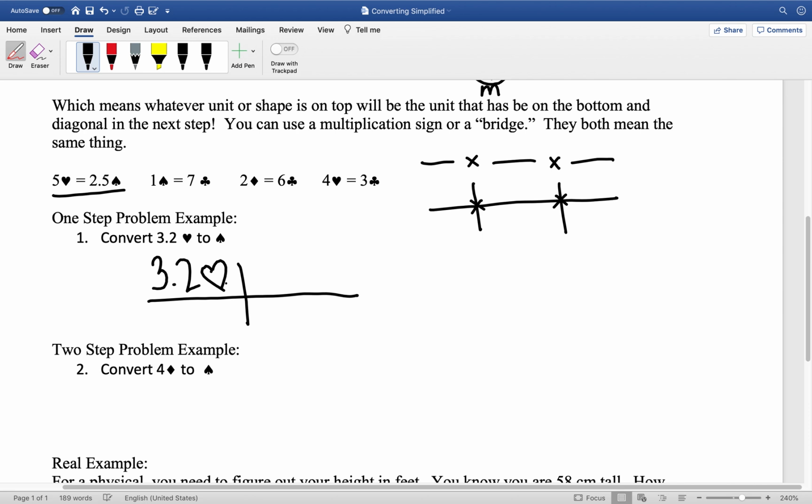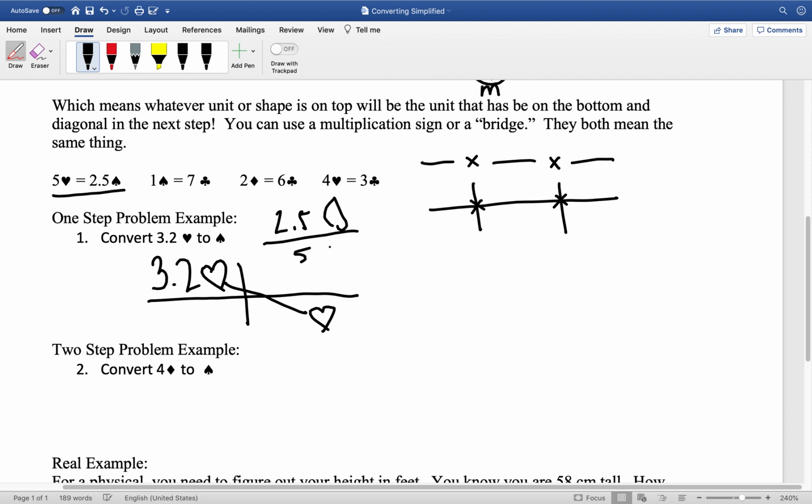Well, remember, kitty corners cancel. So if I have hearts on the top, I know I need to put hearts on the bottom. Okay, so if I'm going to use 5 hearts as 2.5 spades, I have to write that as 2.5 spades over 5 hearts. Sorry, I'm not an artist.